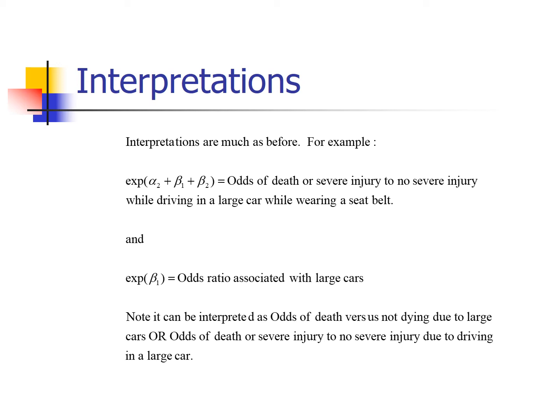Now notice, because of the proportional odds assumption, we can interpret this e to the beta 1 hat as the odds of death versus not dying due to large cars, or the odds of death or severe injury to no severe injury due to driving a large car. Part of the proportional odds assumption is saying that both of those odds ratios are going to be the same. That's a byproduct of the proportional odds assumption.